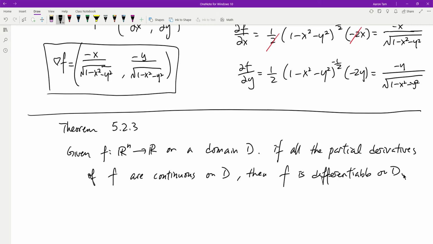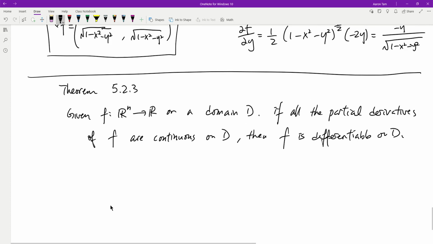Meaning if f prime is continuous, then f is differentiable everywhere within the domain, which makes sense, because if f prime is continuous on the domain, that means f prime exists for every single point on the domain, and therefore f is differentiable. And that's basically what this theorem says.